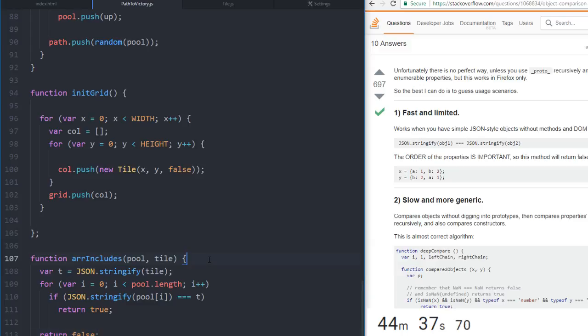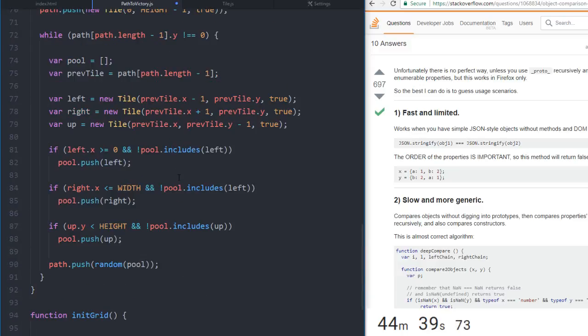Here we go. Pool includes pool up. Pool includes pool left. Pool includes pool. Did that actually happen like that?